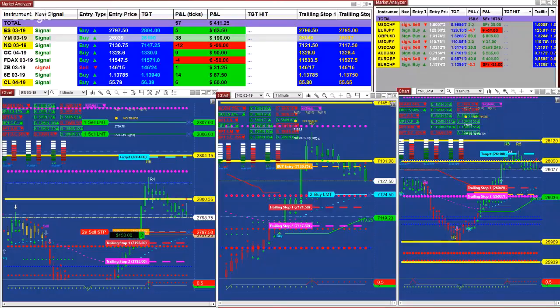On the NASDAQ, 2450 limit order. Stay on a sim, please.